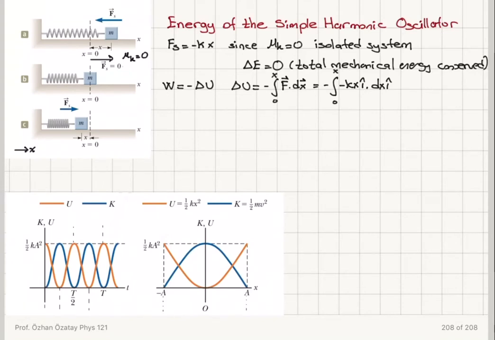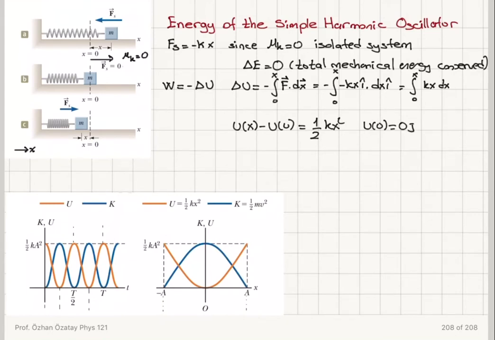Because I have a force in the minus i hat direction and the displacement is dx i hat, the integral from 0 to x gives me the integral from 0 to x of kx dx, which is the change in potential energy between x and 0, equal to 1 over 2 kx squared.